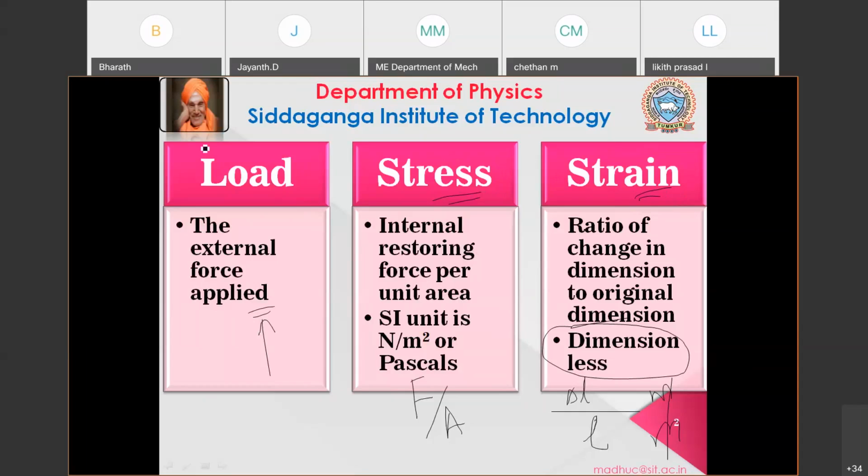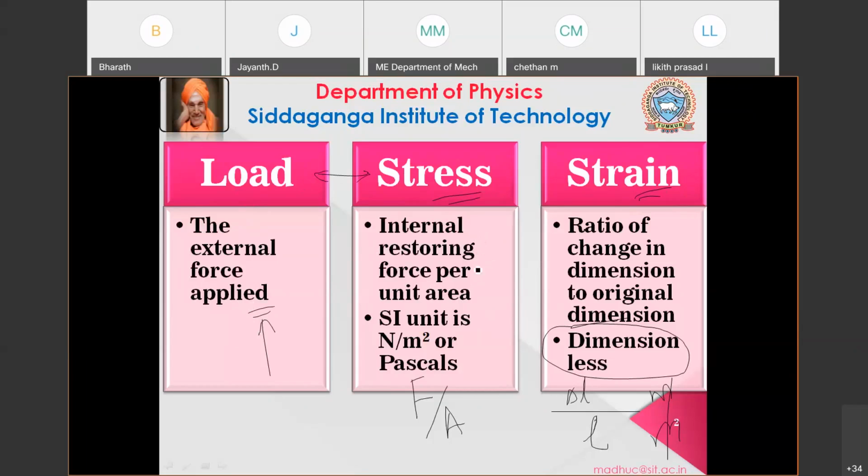So the load is always external. Sometimes people get confused between stress and load. Stress is different, load is different. Load is the external force that you apply to the material. Stress is the internal restoring force, kept within the body of that material.